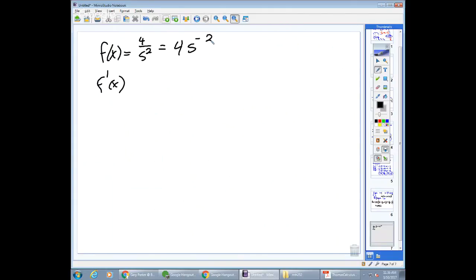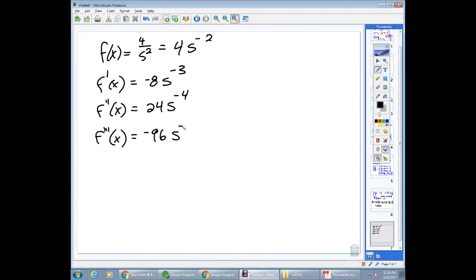So the first derivative is going to be 4 times negative 2, so negative 8 times s to the negative 3, because we dropped that power by 1. f double prime. Negative times a negative is a positive, so 24s to the negative 4. Third derivative, 4 times 24 is what? 96, negative 96, s to the negative 5th.